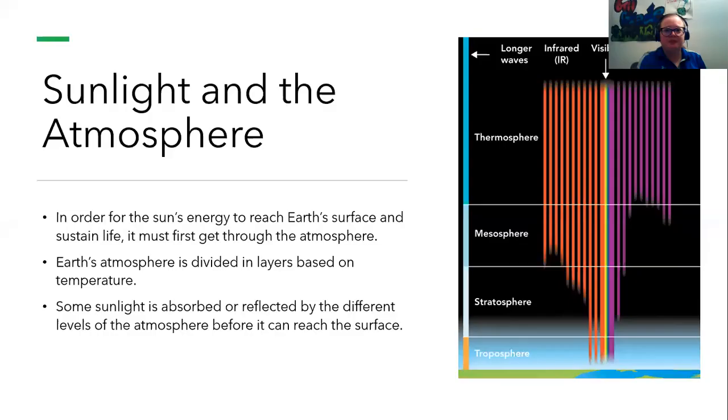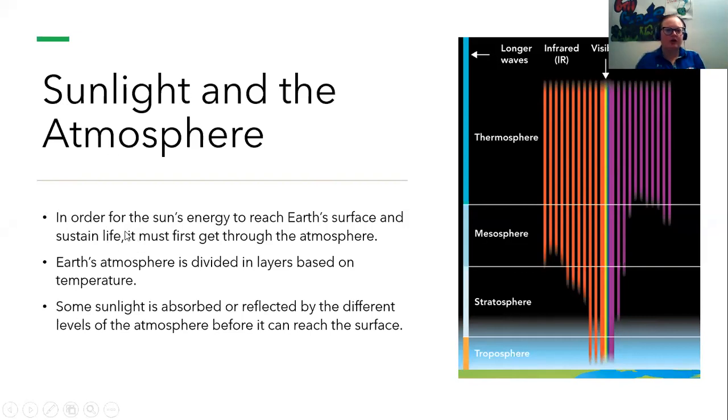Okay, moving on. This kind of excited me because I learned about all of these light waves when I did that plasma lesson that I went to in October. We talked about different light waves. So, sunlight and the atmosphere.